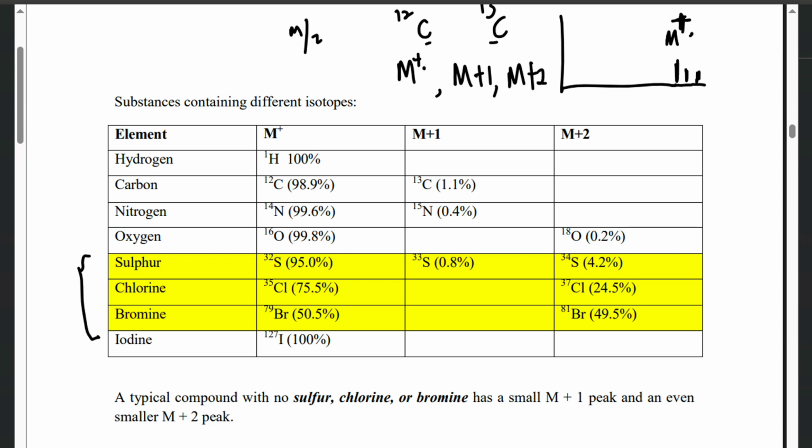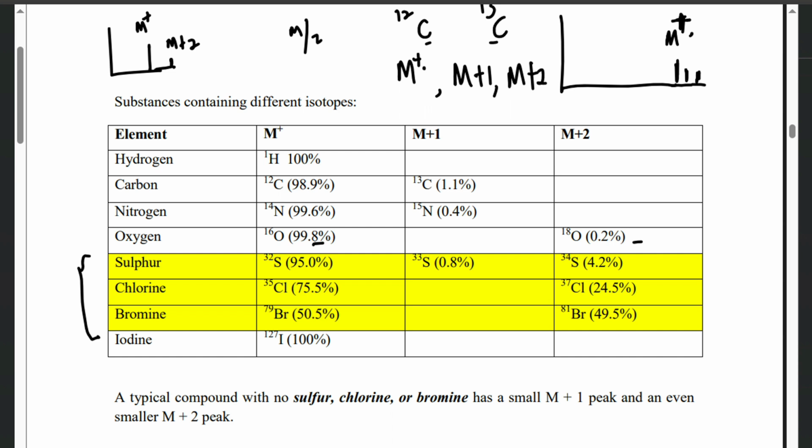So they are attached to it. Take oxygen, for example. Oxygen has how many isotopes? That's 2 isotopes. So if we are going to have our M radical cation here, we're also going to have another that corresponds to this. There's no one here, so we're also going to have M plus 2 right here.